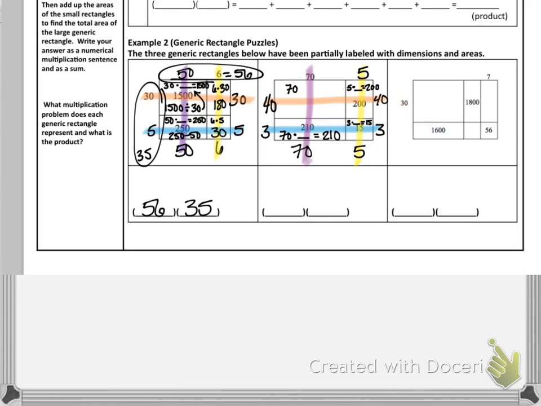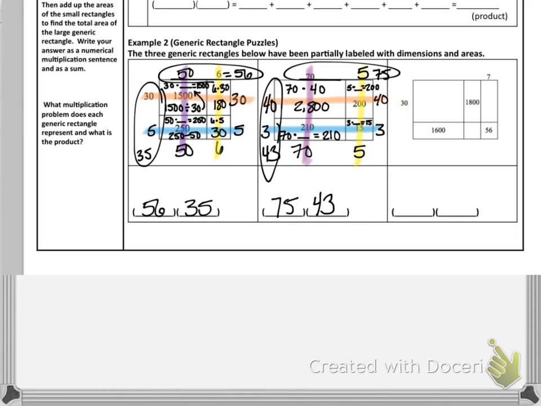So I can go 70 times 40 is going to be 2,800. The 2 values that were multiplied together this time were 75 and 43.